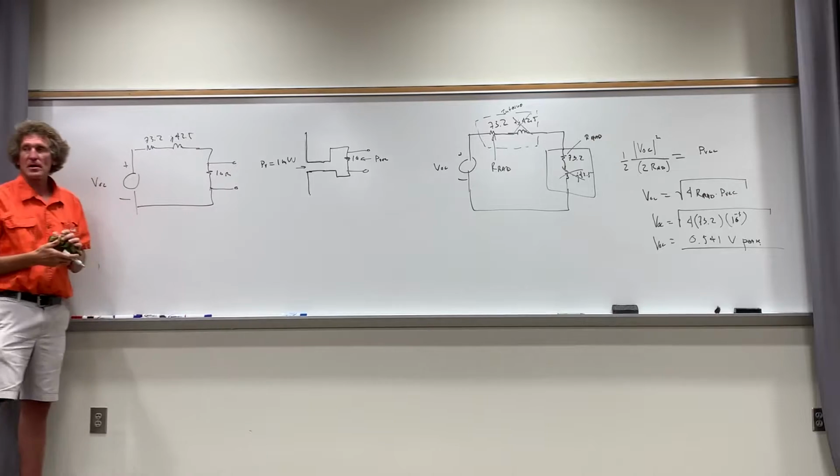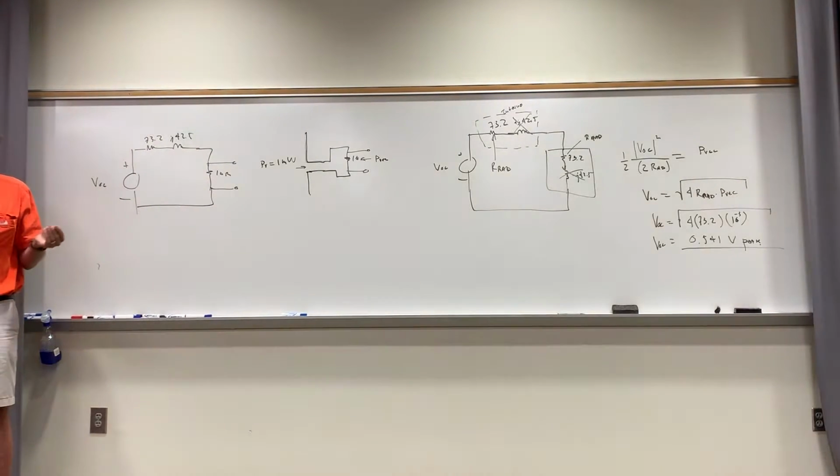Well, you can do it a number of ways. I'm just going to calculate the voltage across that resistor, and say the power received by that resistor would be 1/2 the magnitude of that voltage squared divided by the resistance. Does that make sense?